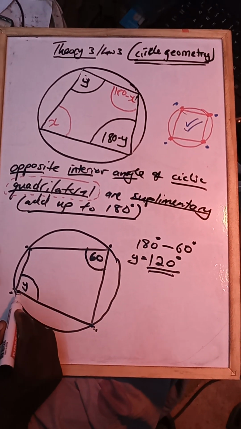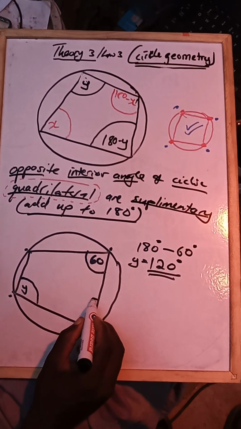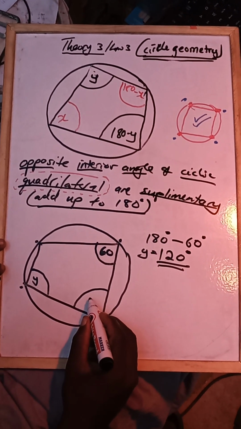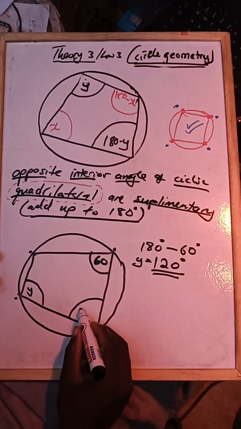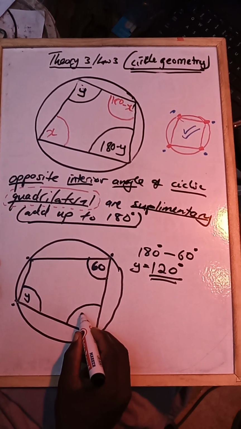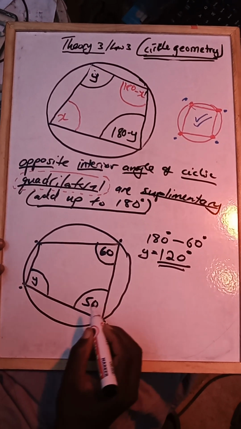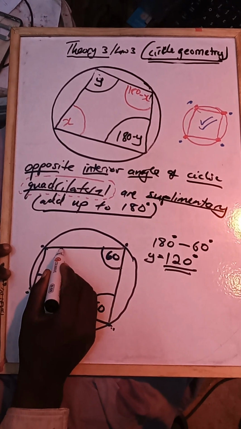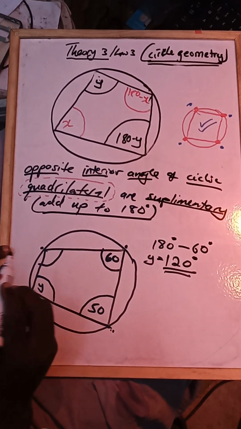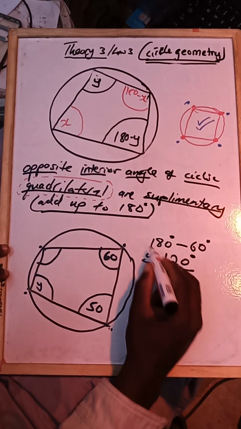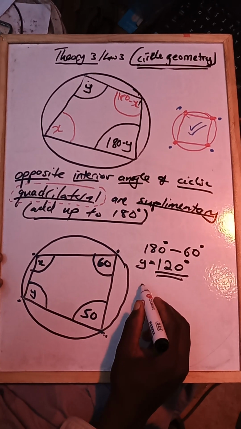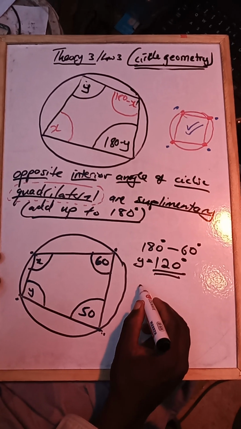Okay, let us put another one. Let's say this is 50 degrees. So what is its opposite? Let us make it x. How do you find x?